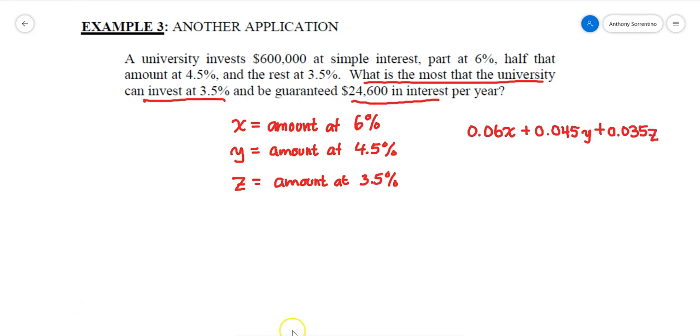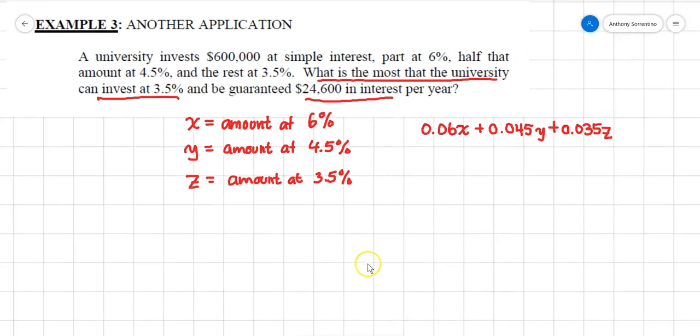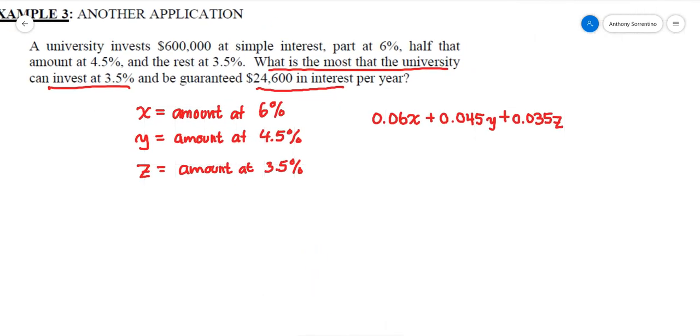Let me scooch this over a little bit. I want that to be greater than or equal to $24,600.